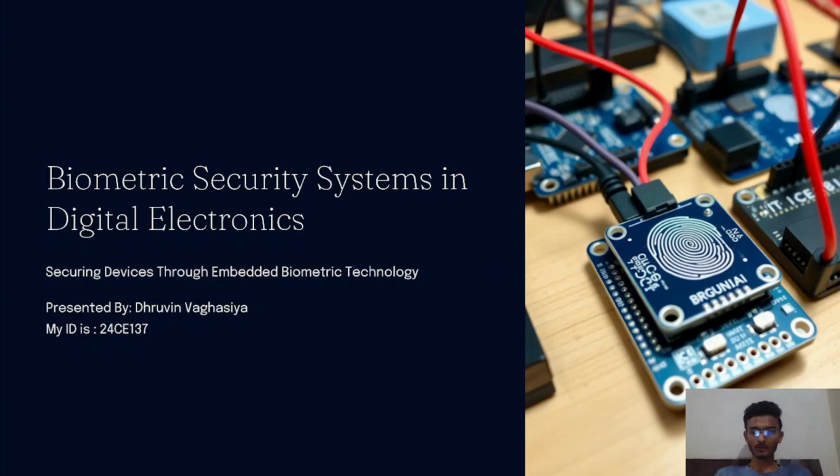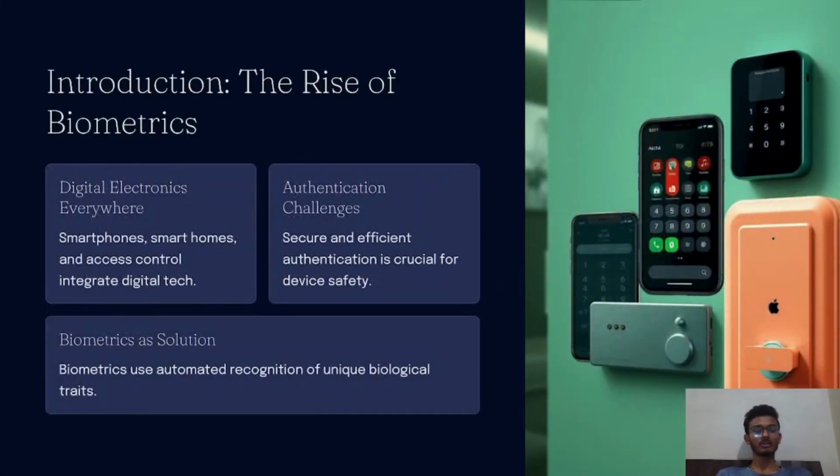And now we are discussing the introduction to the rise of biometrics. Now you can see there are three topics behind it. You can also see biometrics in your daily life.